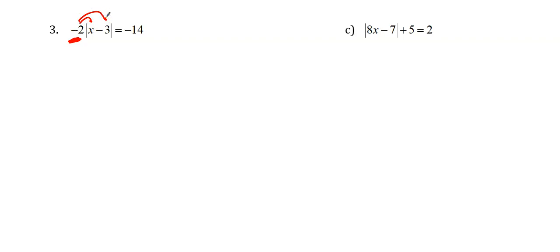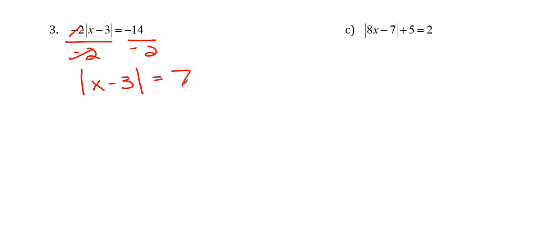Don't do that. So what do I do then? Well, let's get rid of it. How is that negative 2 attached? Multiplication. How do I get rid of multiplication? I divide. So when I divide both sides by negative 2, I'm left with absolute value of x minus 3 equals 7.